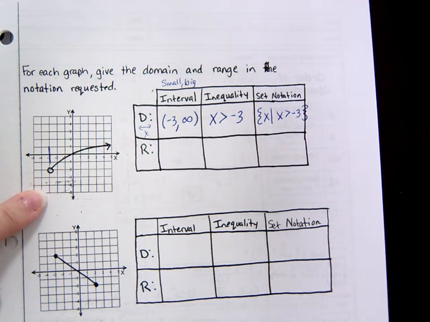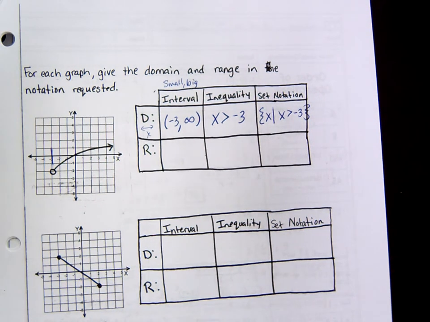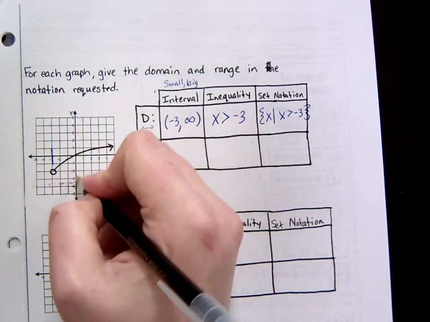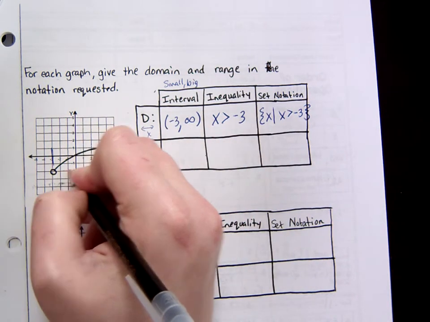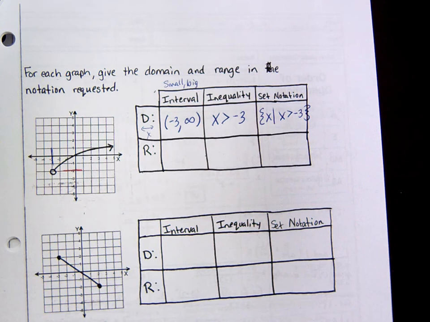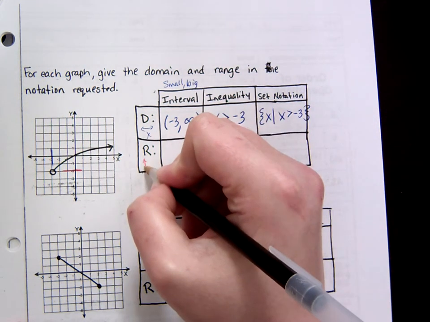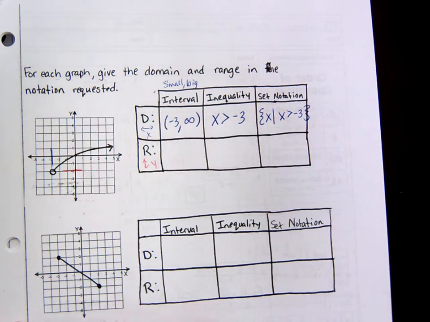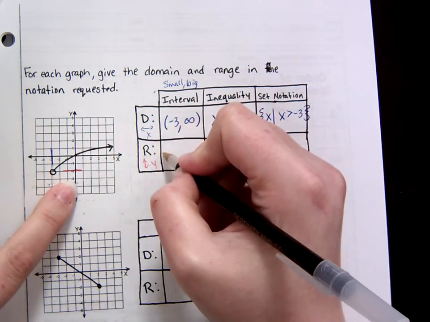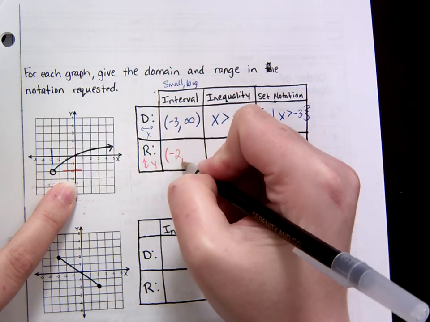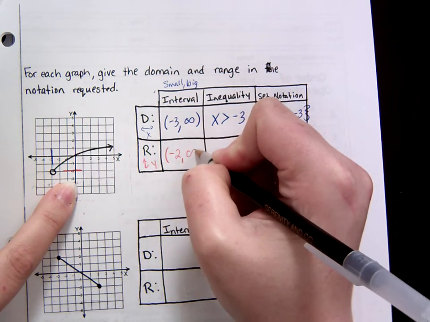For my range, this is your up and down. There's no limit to how far up it goes because it keeps going up and increasing. But the lowest it goes is here where y is negative 2. So my range for my y values, my lowest is negative 2, but it can't actually be negative 2, so parenthesis, and it goes up forever, so it goes up to infinity.